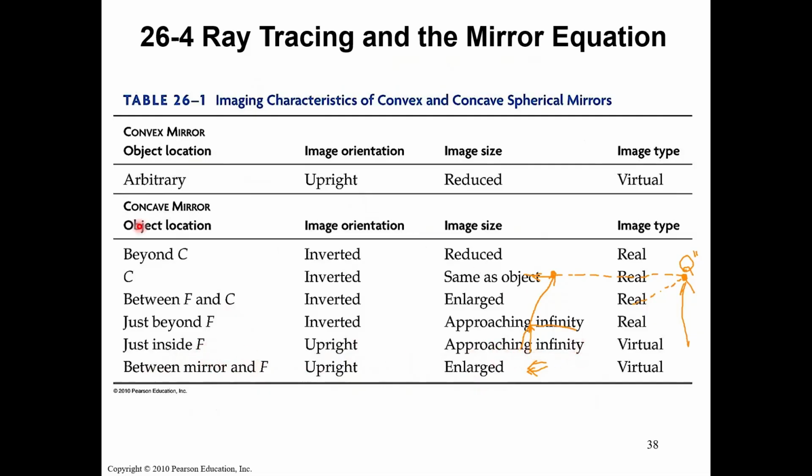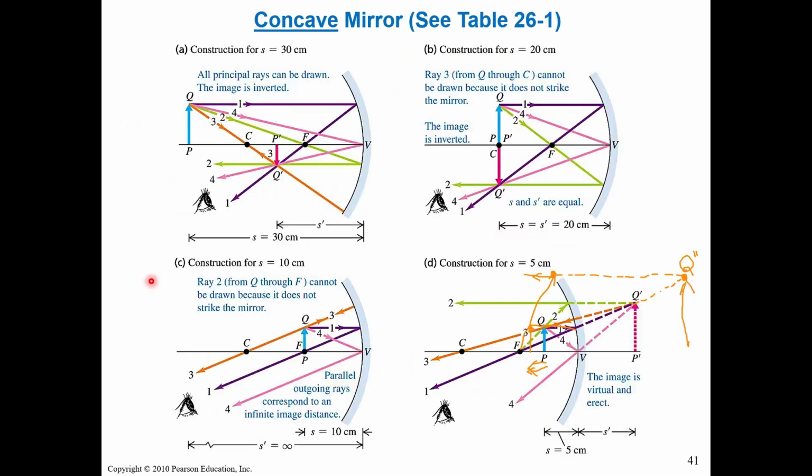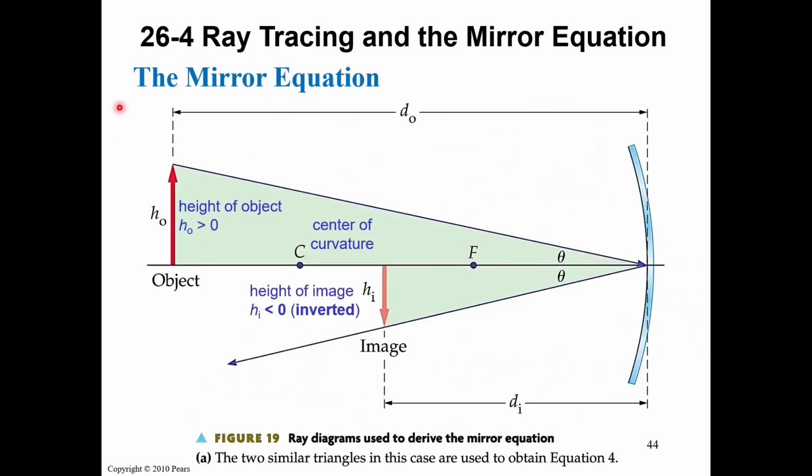If you move the object closer to F but keep it inside F, the image is always going to be virtual, always going to be enlarged, but the image is going to be larger and larger. We can derive all those by ray tracing.